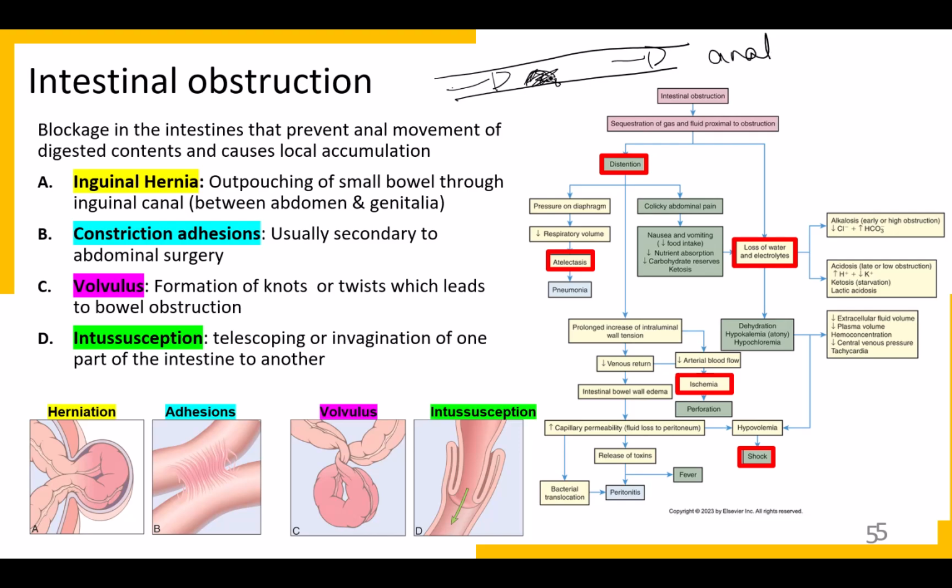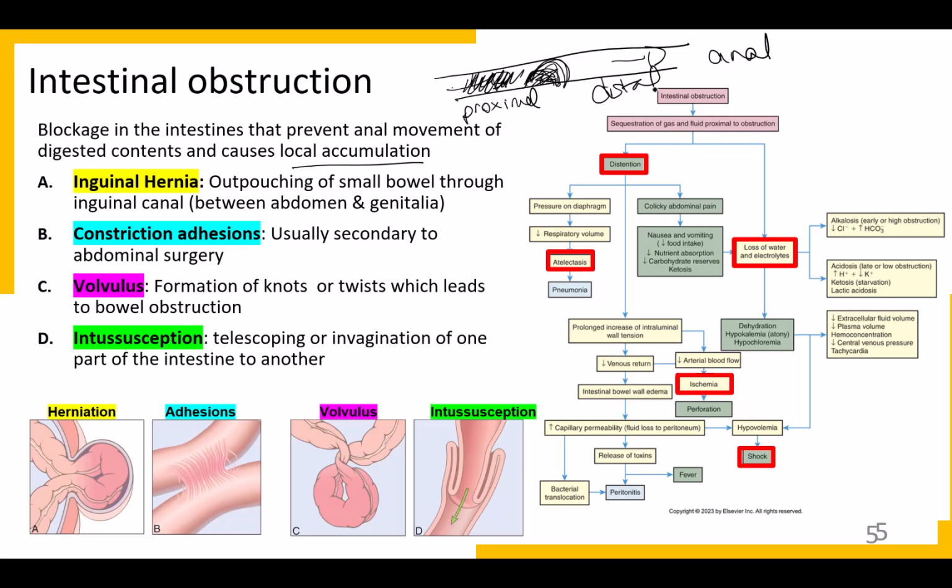What happens is that blockage will prevent flow of the contents of the intestine towards the anus. So you end up with an obstruction over here, and it causes local accumulation, right? So the contents of the intestine just build up over here on the proximal side before the blockage, and there's less movement distal to the blockage.